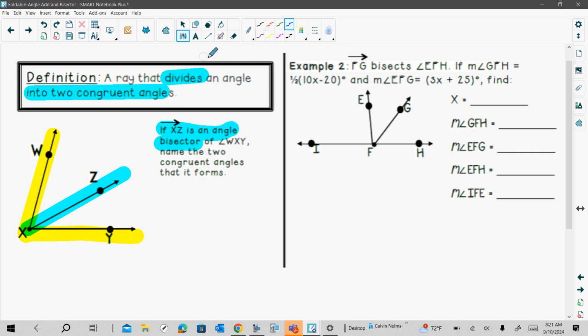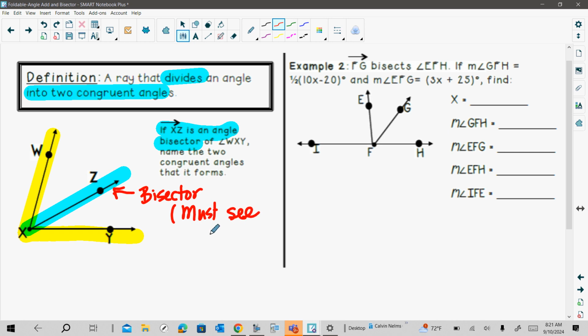So to show bisectors, since this is the bisector, and to show it on a diagram, you must see arcs to indicate a bisector.